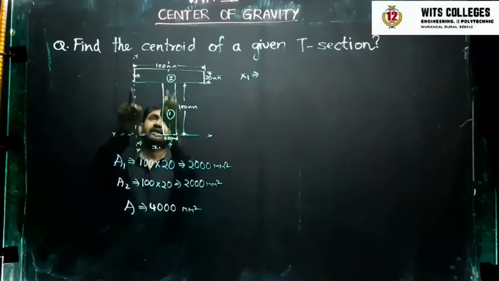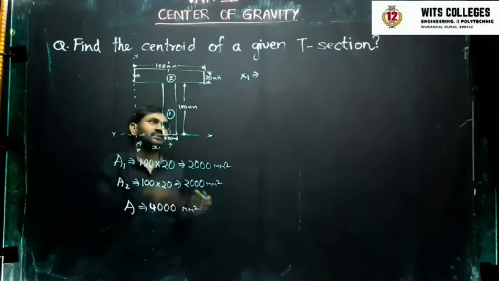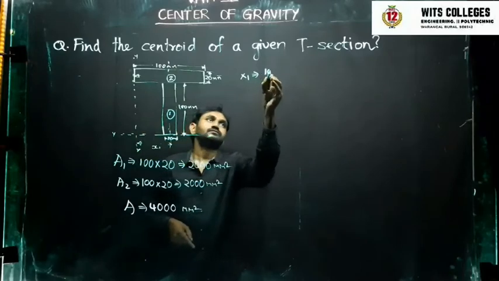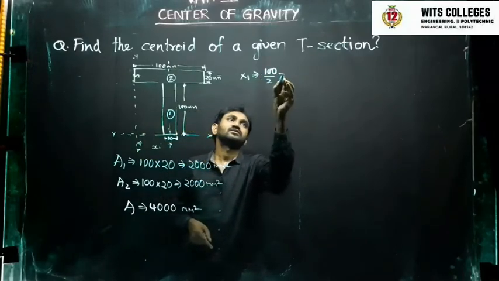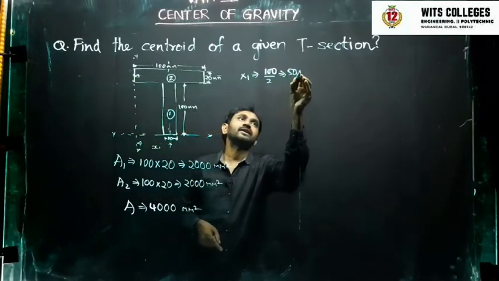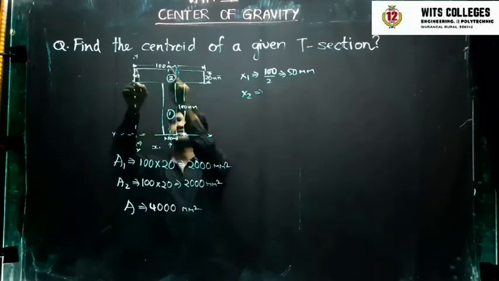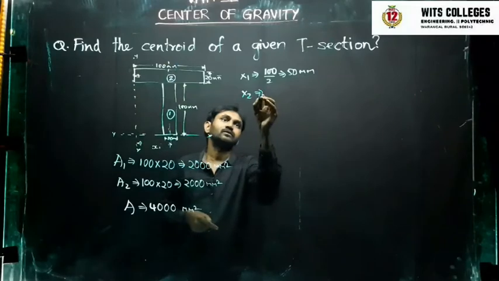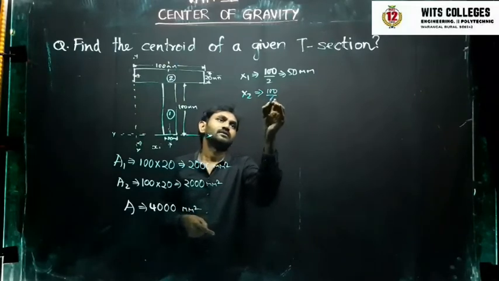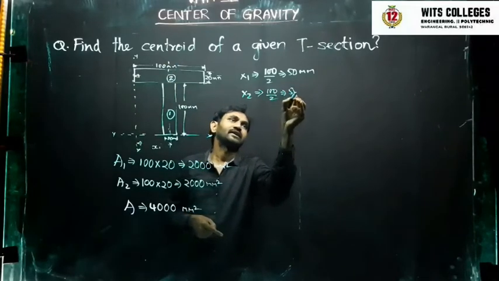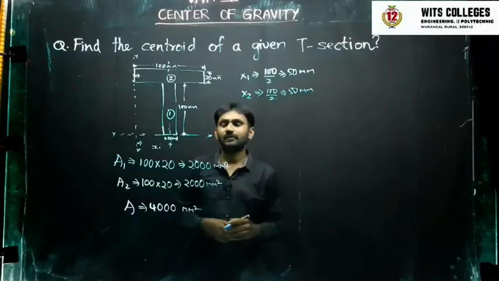So exactly this will be half of this. So that is 100 by 2. So this is equal to 50 mm. Similarly, x2 in the sense this one. This is also 100 by 2. This is also 50 mm.